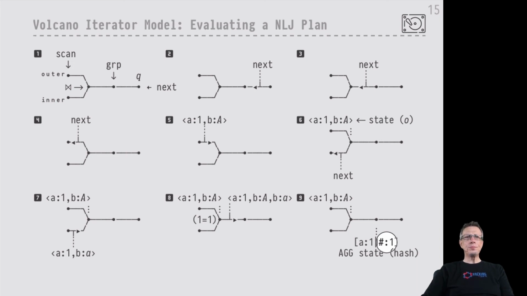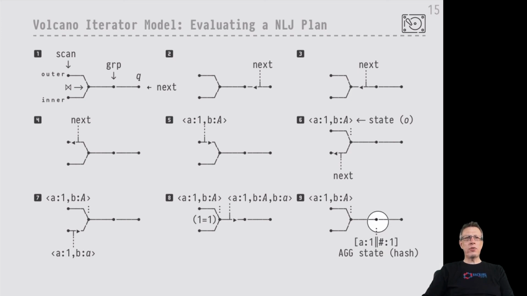As we discussed already, such an aggregate operator is a blocking operator. At this point in time, it cannot return to the root. We can only return from this aggregate operator once we have seen all the inputs and have constructed all the groups and maintained all the aggregates.